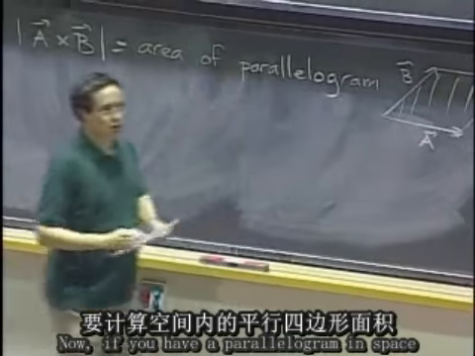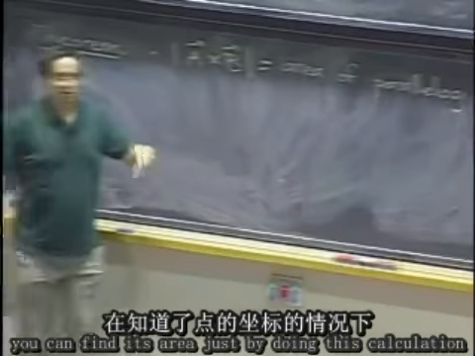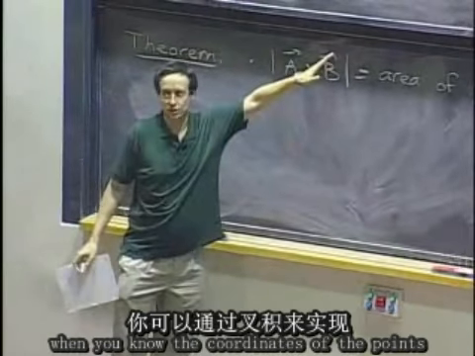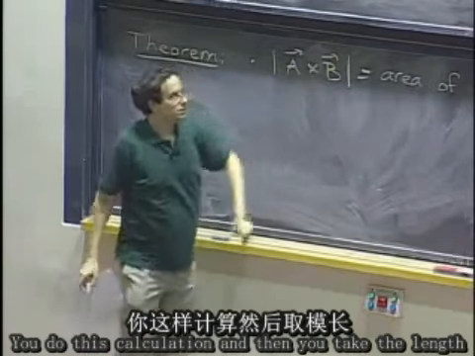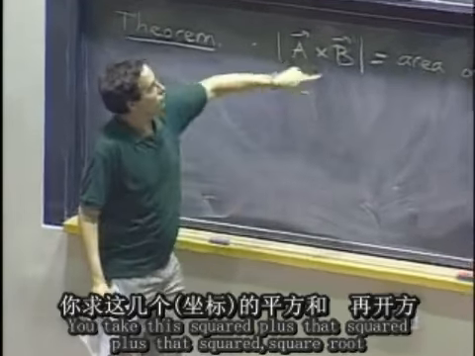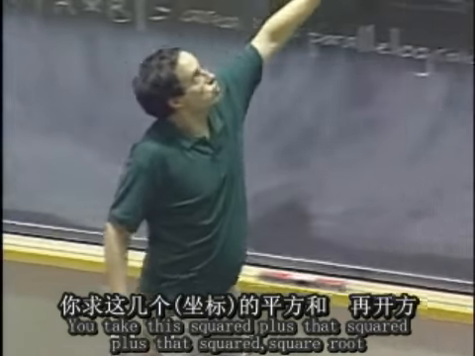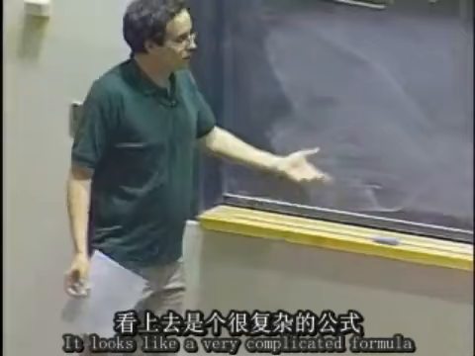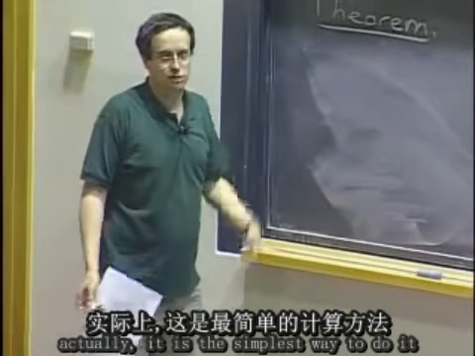So now if you have a parallelogram in space, you can find its area just by doing this calculation when you know the coordinates of the points. You do this calculation and then you take the length. So the length, you take this squared plus that squared plus that squared, square root. It looks like a very complicated formula, but it works, and actually it's the simplest way to do it.